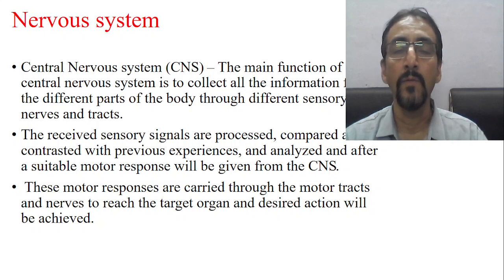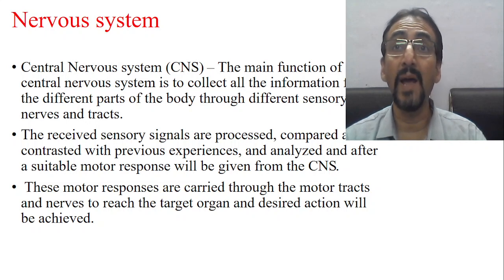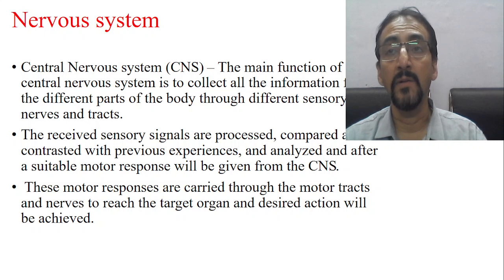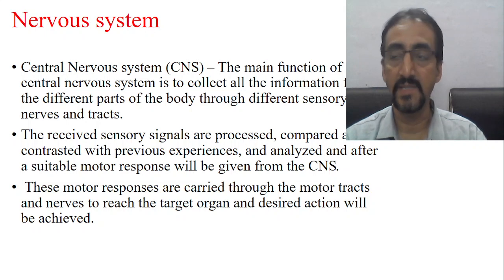Okay. So it collects the information from the different parts of the body. How is this information coming to the central nervous system? It is coming through the different sensory nerves and sensory tracts.